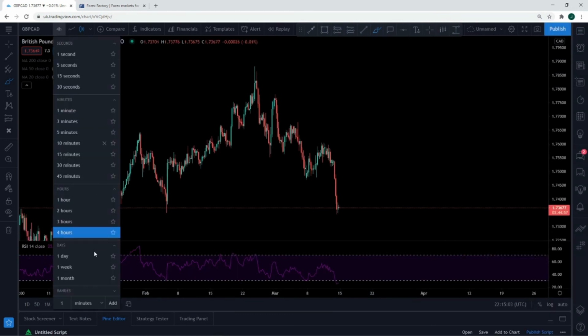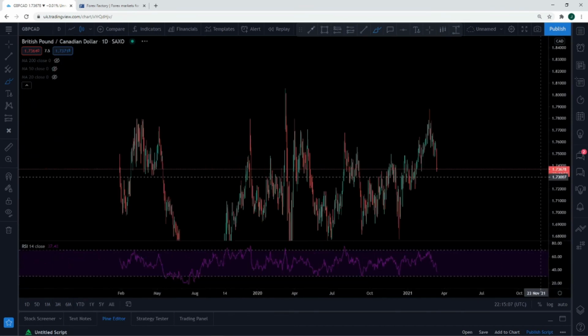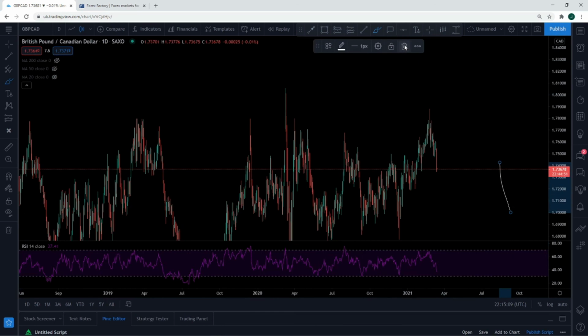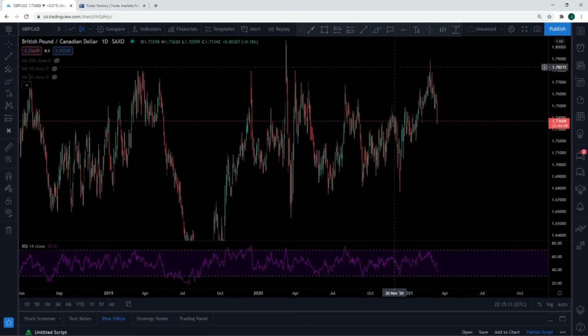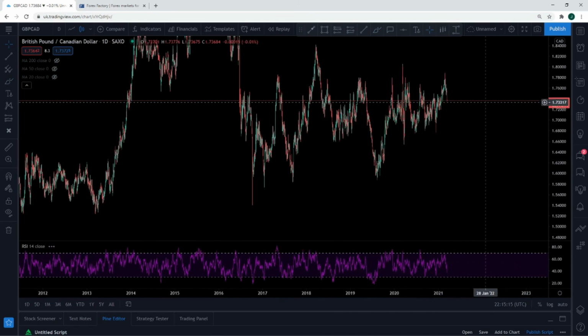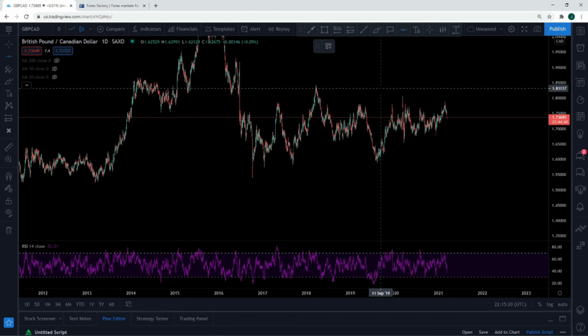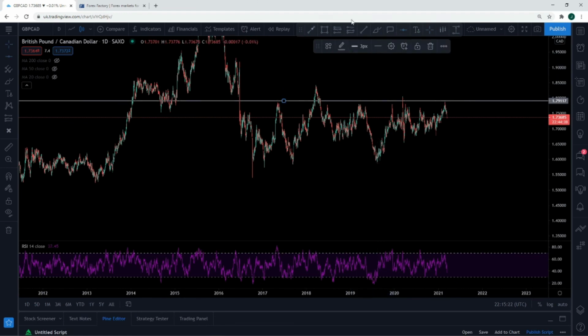We all know that GBP CAD has been trading in this range for quite a while.